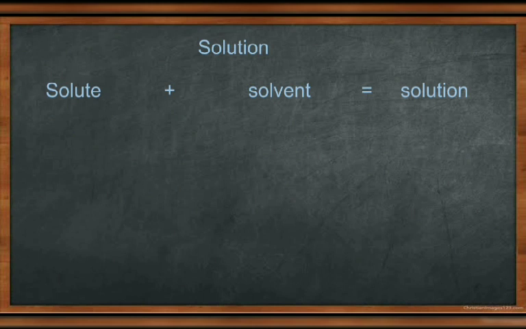It means mixing of any substance in the solvent, or mixing of any two substances, is called what? Solution. There are so many solutions that you have already seen. First we will discuss water. In class 6 you learned that water is called the universal solvent. Water is called the universal solvent because in water all the states of matter, that is solid, liquid and gas, are easily mixed.